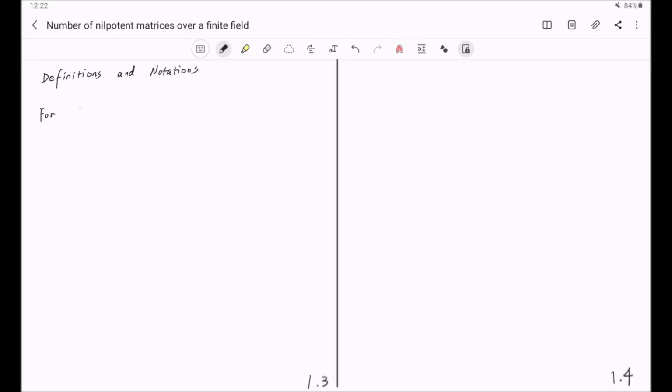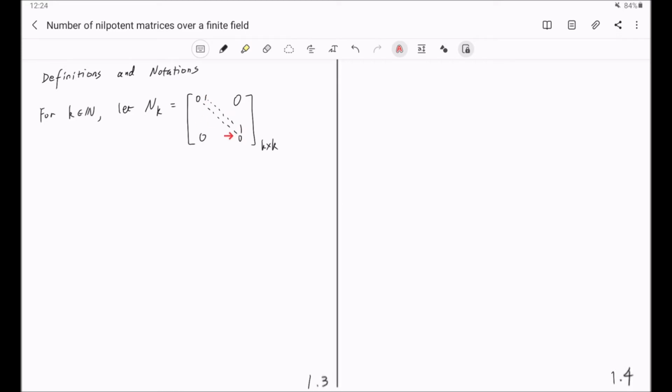For a positive integer k, let the k by k matrix N sub k be such that every entry is 0 except for the first diagonal above the main diagonal, where we put all ones in there.